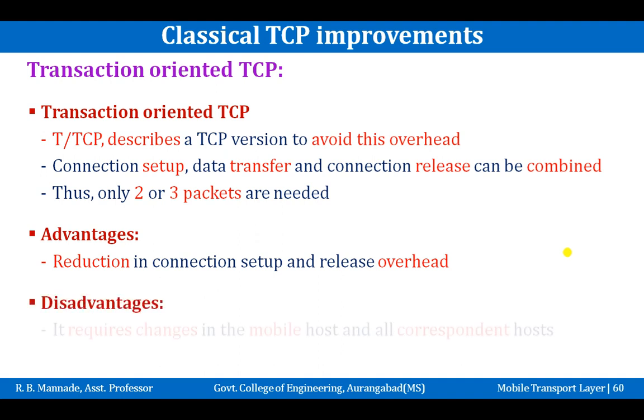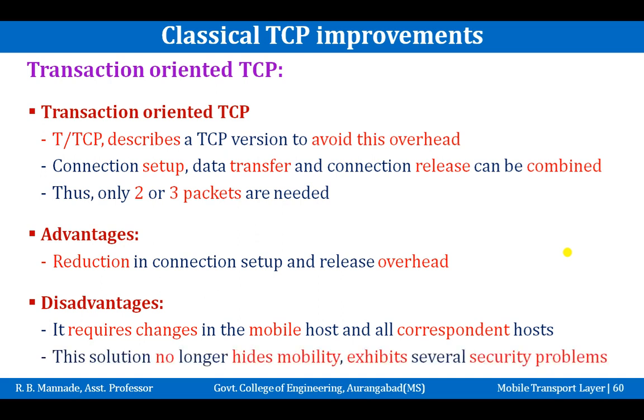Then the disadvantages: transaction oriented TCP requires changes in the mobile node as well as the correspondent node in order to work properly, and this particular solution no longer hides the mobility. It means there is no abstraction of the mobility. Any transmission error that occurs in the wireless part of the network can be propagated to the wired part of the network, right?